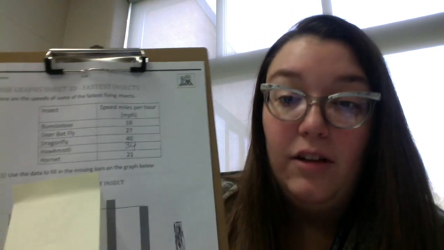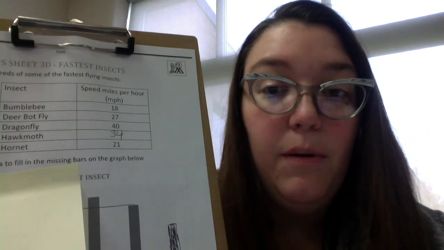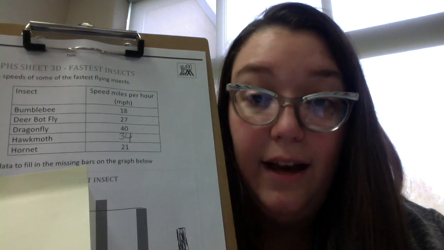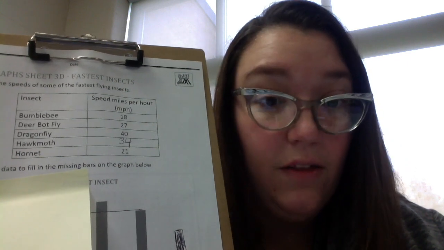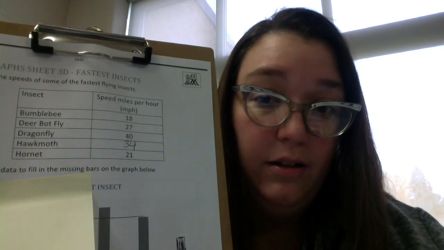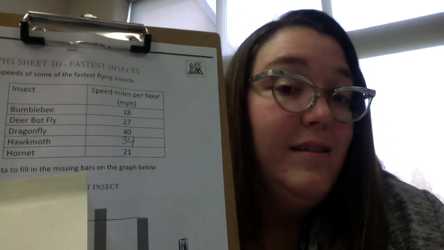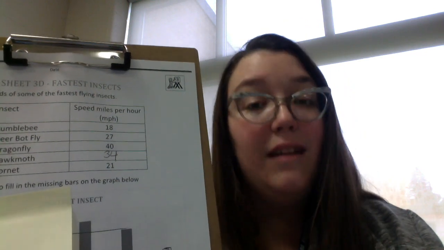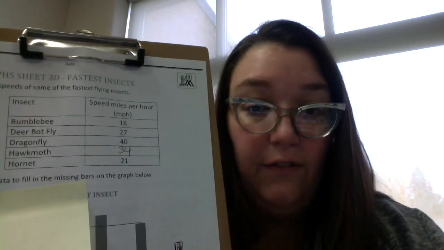If that were true, the hornet would be at 20 miles per hour, not 21, because 20 plus 20 would be 40, and that would be twice as fast, right? The dragonfly being twice as fast. But the hornet's at 21, and the dragonfly's still at 40, so that's not quite twice as fast. So that's actually going to be false, okay?